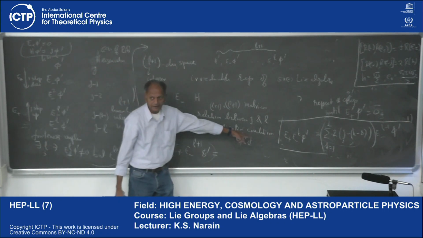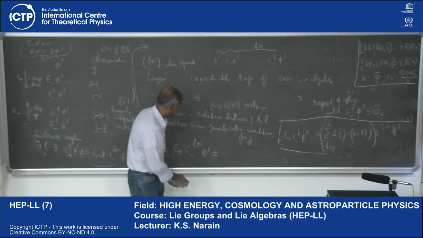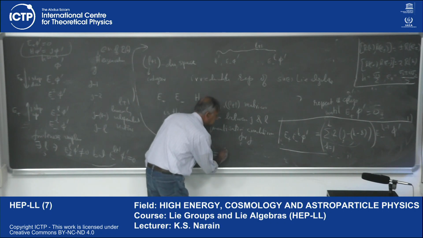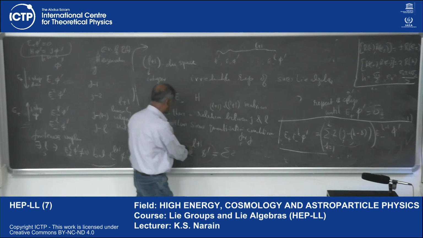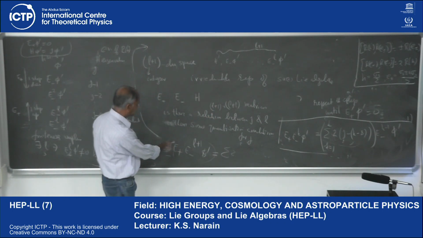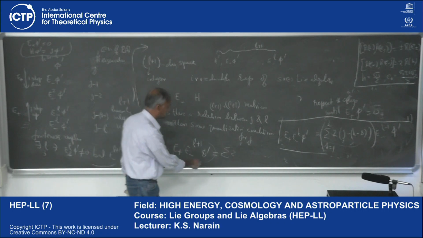This is how we got that. Then we would say that this is the same as 2. Just write k equal to L plus 1. That's all one has to do.